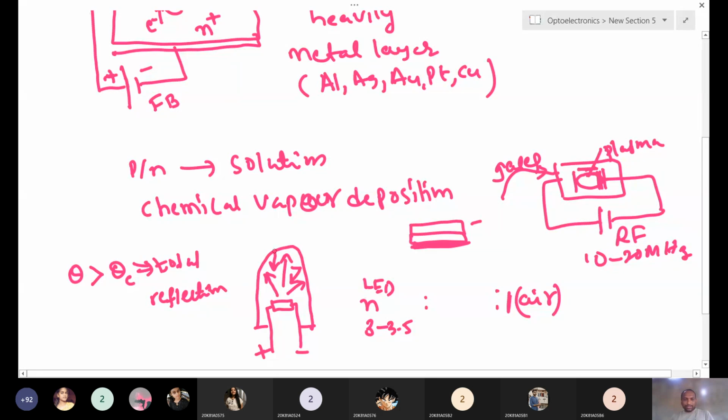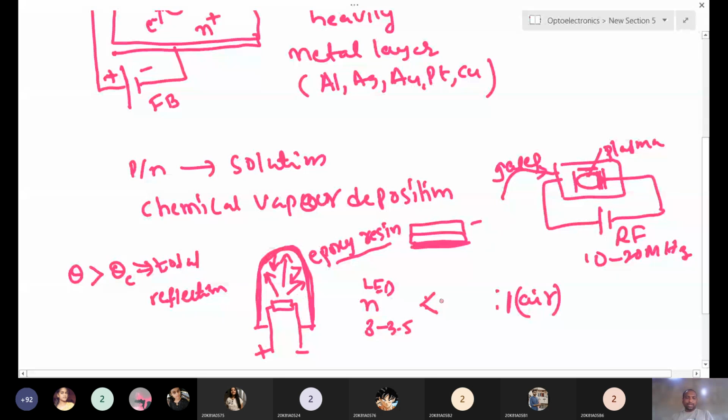To overcome this reflection loss, we coat one layer on the surface of the dome, that is epoxy resin. Its refractive index is in between the refractive index of the LED and the refractive index of the air medium, less than 3 to 3.5 and greater than 1.